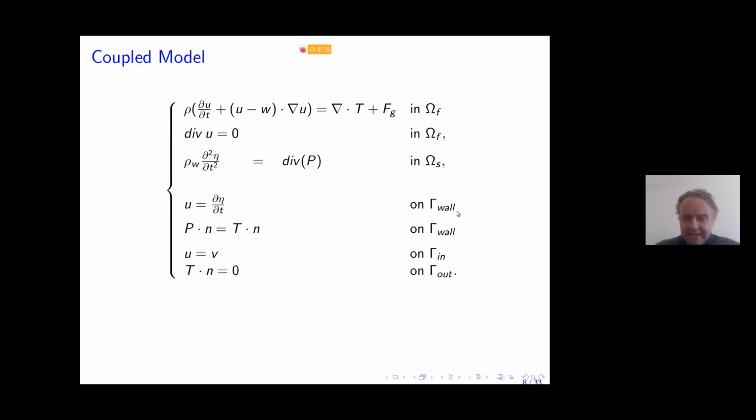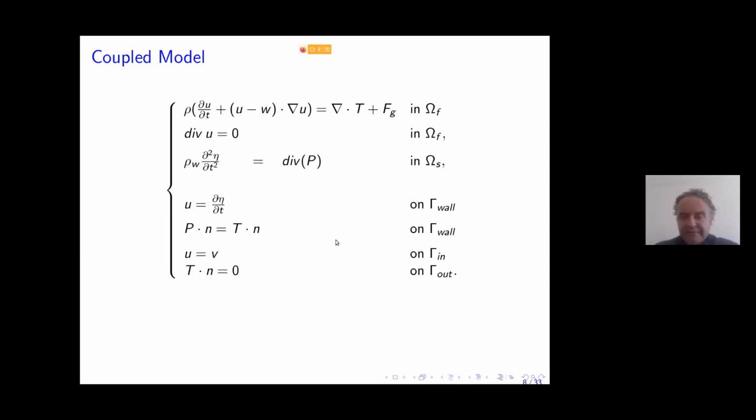And at the boundary that we call the wall, because it is the physical boundary that represents the interface between fluid and structure, the velocity, instead of 0, if we have a movement, will be the velocity of that movement.